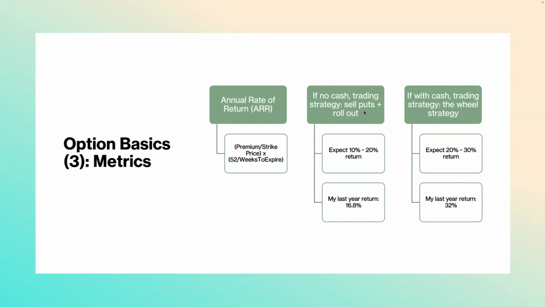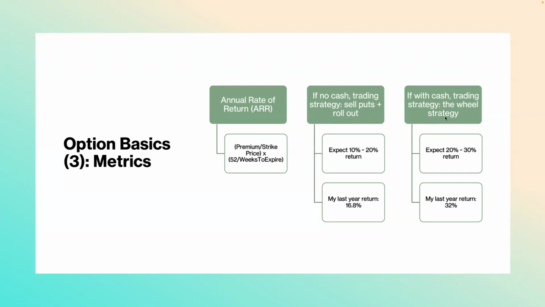So if you have no cash in your account, your strategy should be to sell puts and roll out. If you do have cash, you should practice the wheel strategy. I will talk about the rollout extensively in the later part of this video.